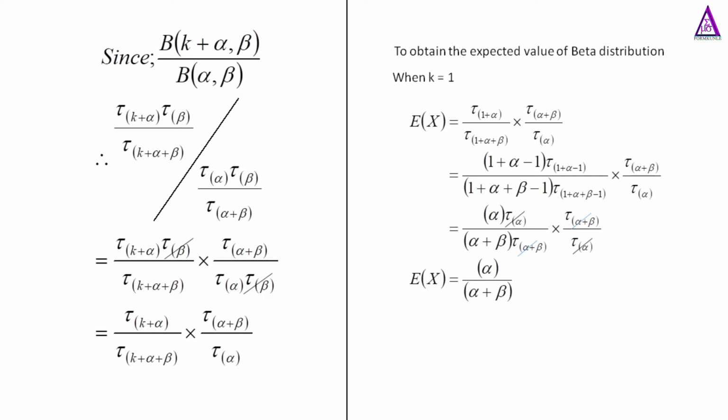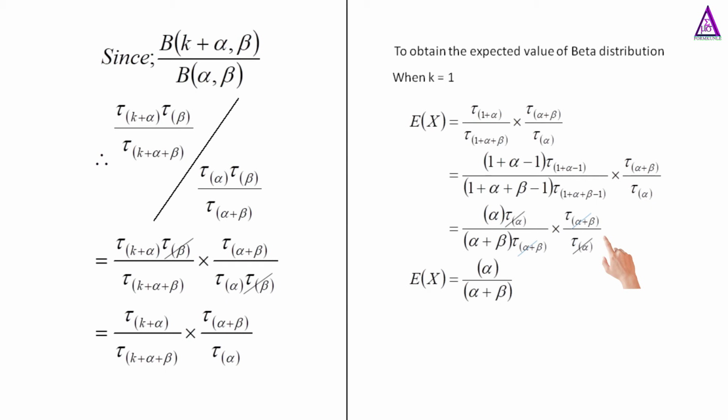And in the denominator also, we subtract 1 from it. When we take it out, we subtract 1 from it also. In the third expression, when 1 cancels 1, we are left with alpha multiplied by gamma of alpha, divided by alpha plus beta gamma of alpha plus beta.